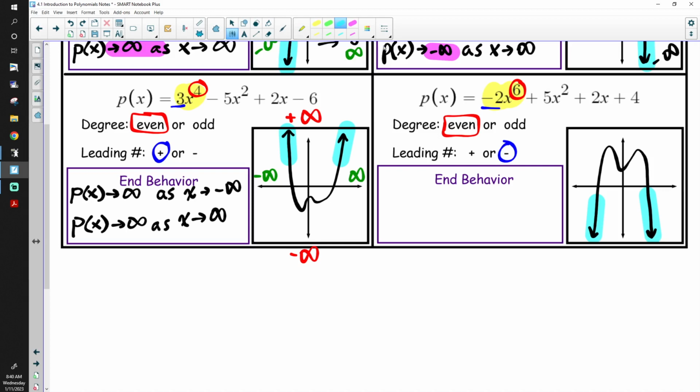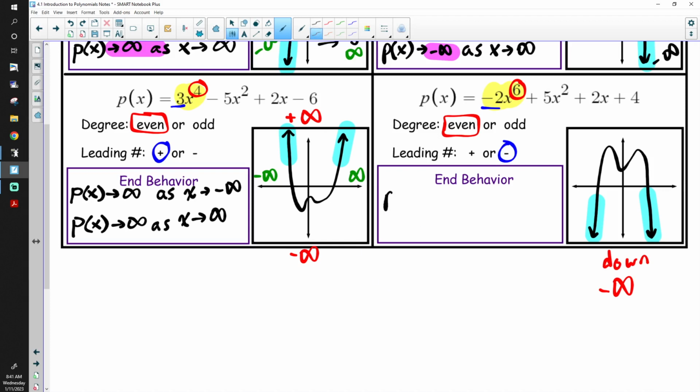But in math, we don't say down. We say negative infinity. It's going towards the negative numbers, down forever. So it's going to be exactly like that one we just did, except instead of going towards positive infinity, it's going to be going towards negative infinity.